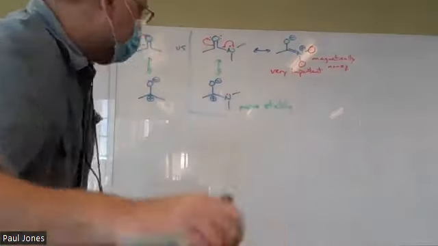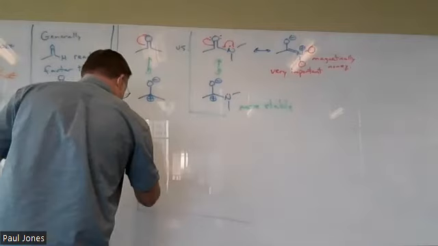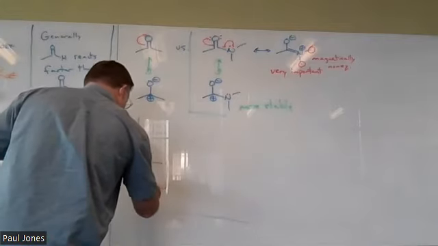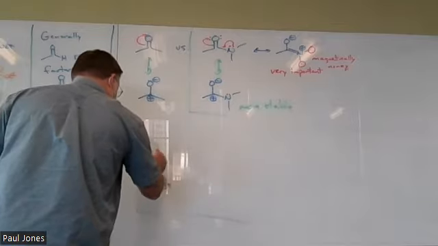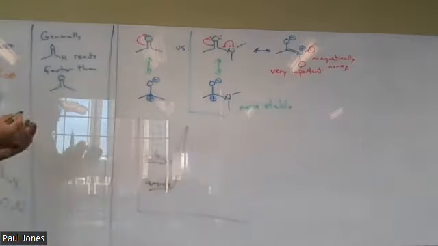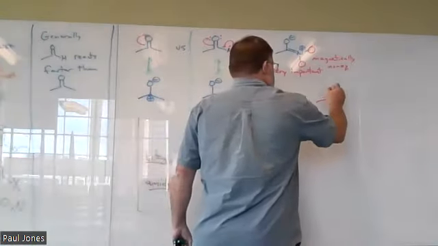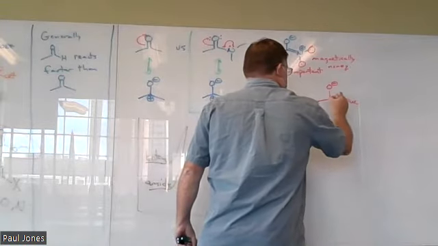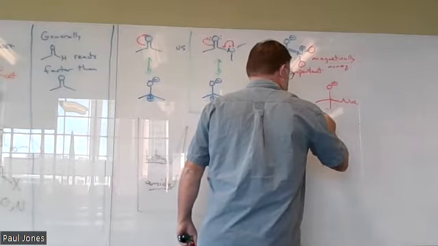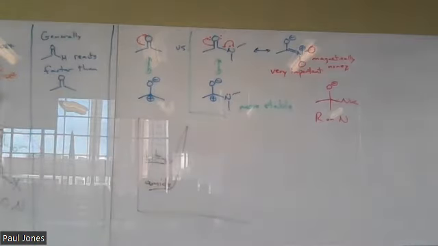So if we now think about reacting with a nucleophile, if you attack with a nucleophile, the tetrahedral intermediate we get from nucleophilic attack on the ketone looks really similar to the structure we get from attacking the amide.